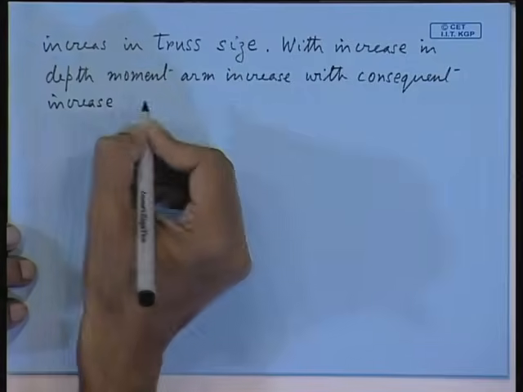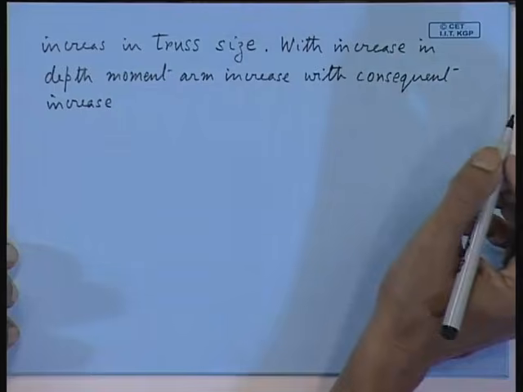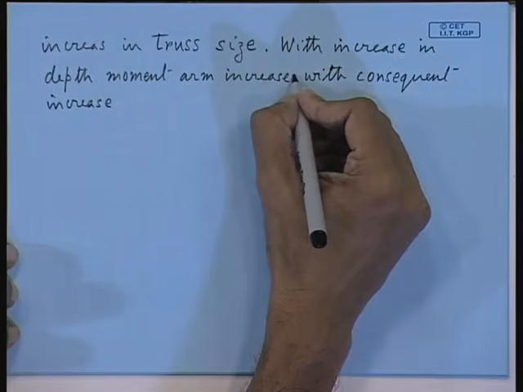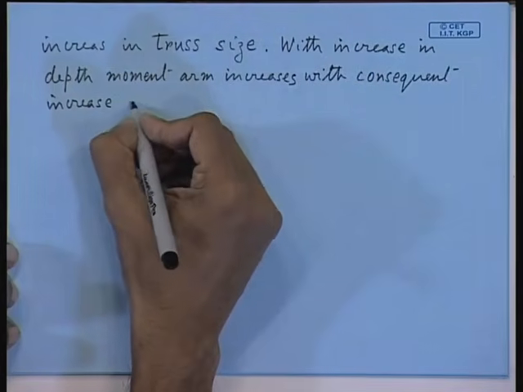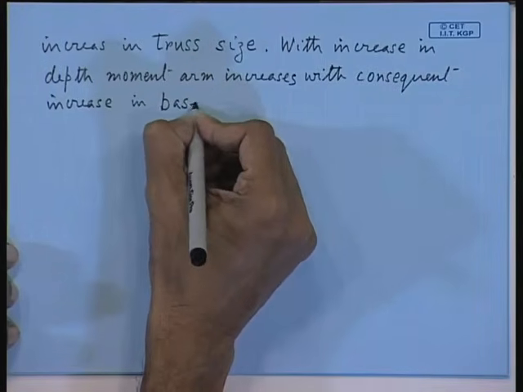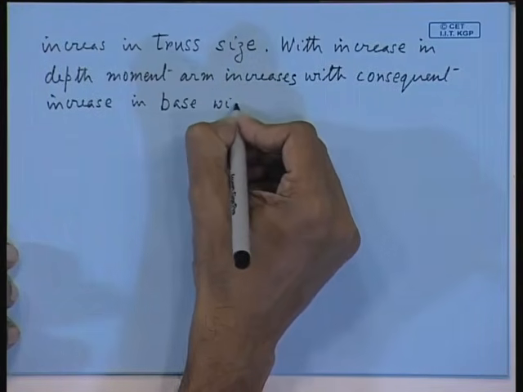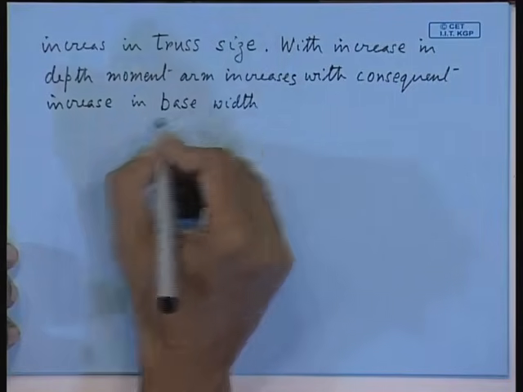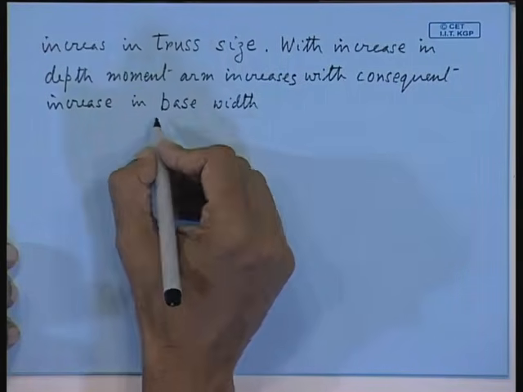So, in your offshore engineering, you have to play around with the environmental load and moment. Moment is also a very important factor. Moment term increases with consequent increase in base width, so that means to prevent this structure from toppling.